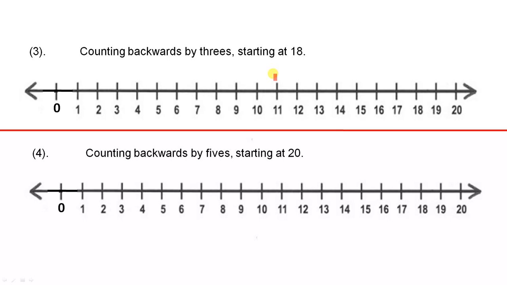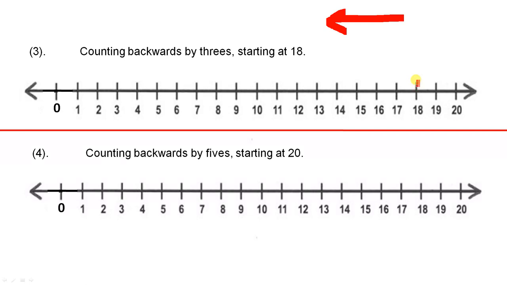Counting backwards by 3s starting at 18. So we can count backwards, which means in that direction there. Okay, that's the direction we're talking about.